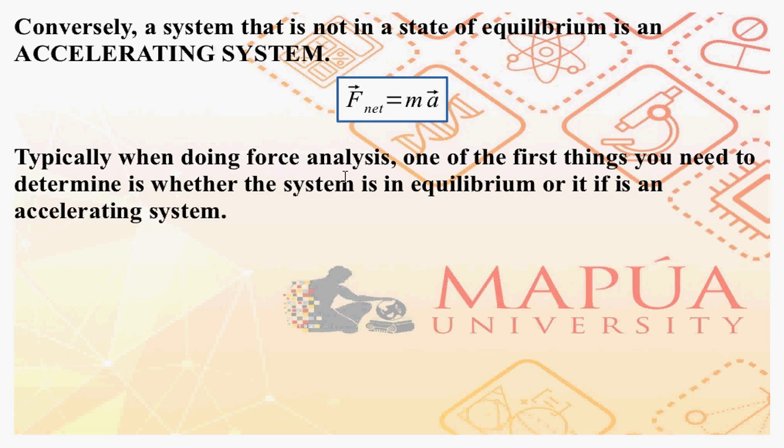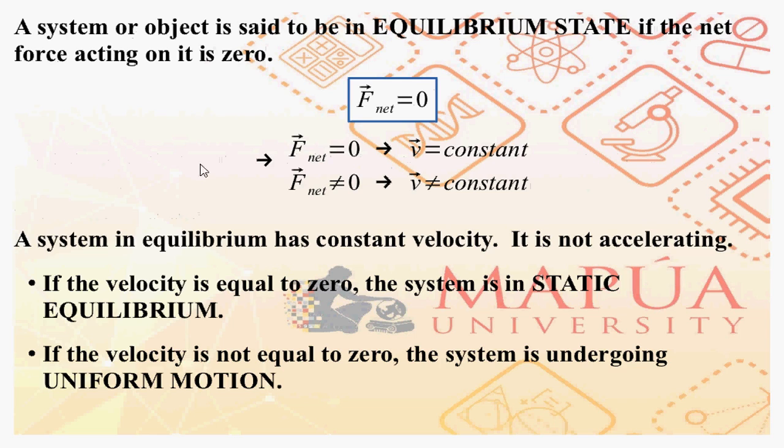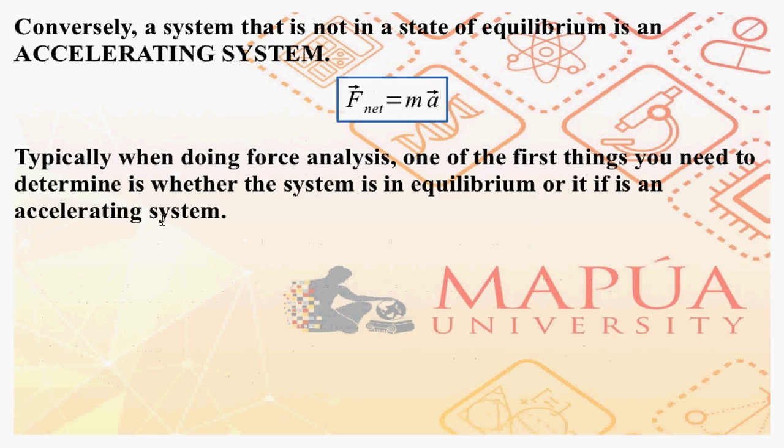Typically, when doing force analysis, one of the first things you need to determine is whether the system is in equilibrium state, F net is equal to 0, or if the system is an accelerating system, F net is equal to ma. And that basically gives you an idea on how you do force analysis on systems or objects.